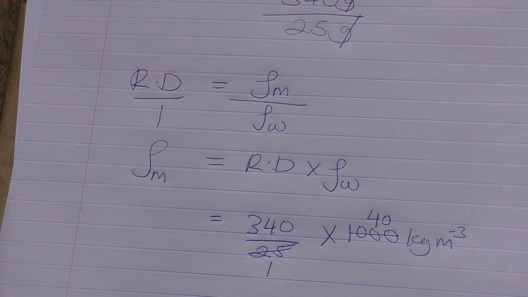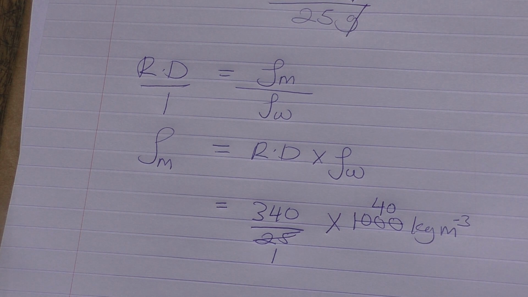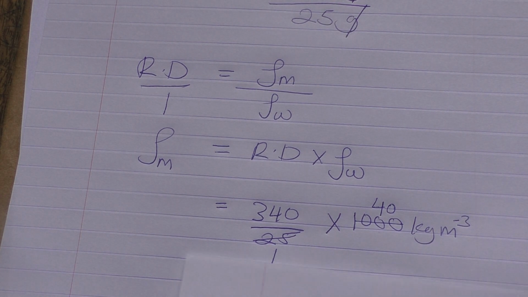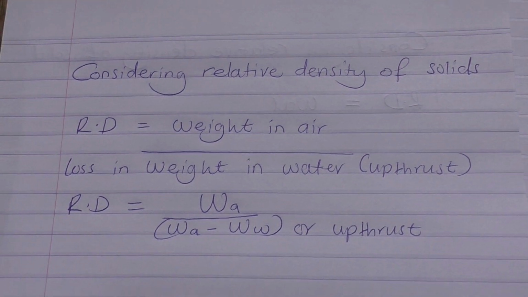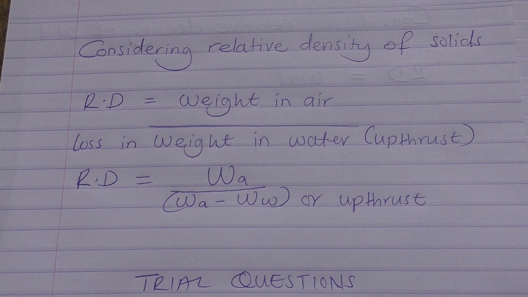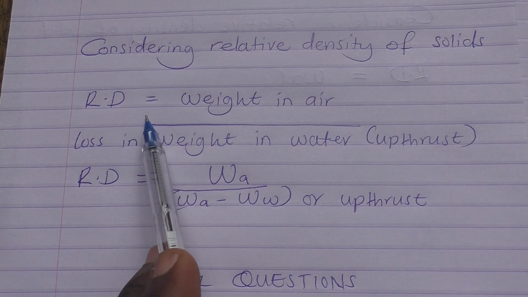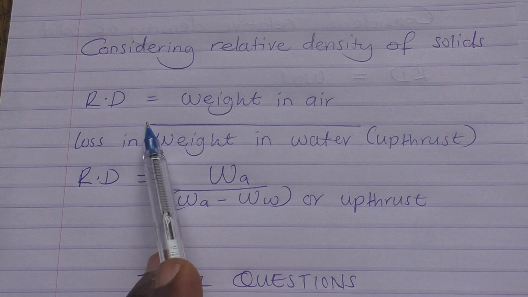And that is when considering the relative density of liquids using a density bottle. Then our second part is when we are considering the relative density of solids. Here we shall use an idea from Archimedes' principle.